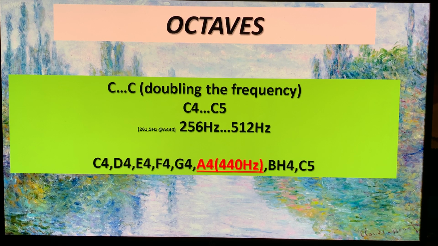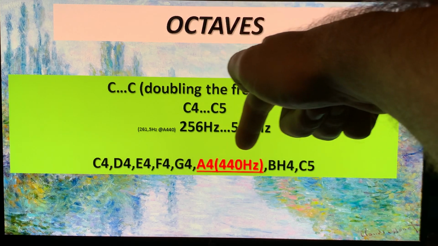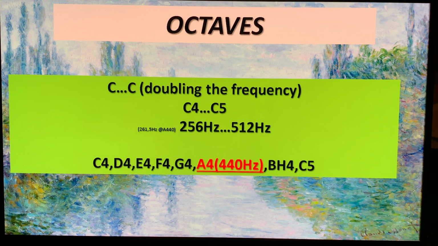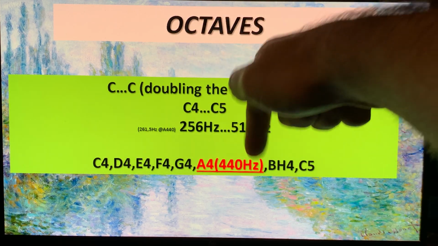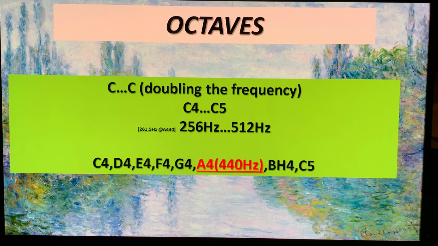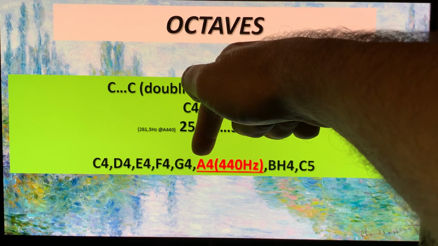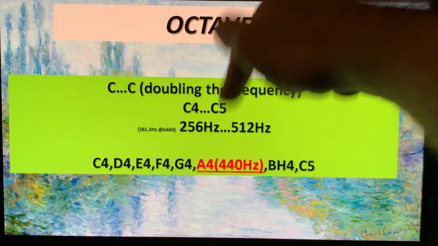And why is that such a special note? Because when there's a concert, the musicians tune their instruments to the A4 note. So they make sure that the A4 is exactly at the same frequency for all of the instruments. And today, and also throughout the 20th century, all musicians have agreed to tune the A4 to 440 hertz.